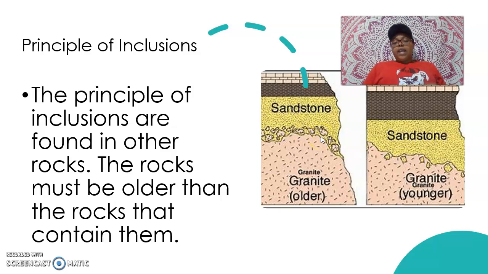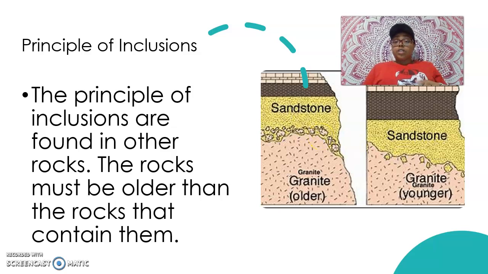So gravel can enter within sandstone, and sandstone can enter within gravel. As you see in the second picture, gravel is the youngest, and you see more sandstone within gravel. Just like over here in the first picture, as gravel is the oldest, you see more gravel entering inside of sandstone.